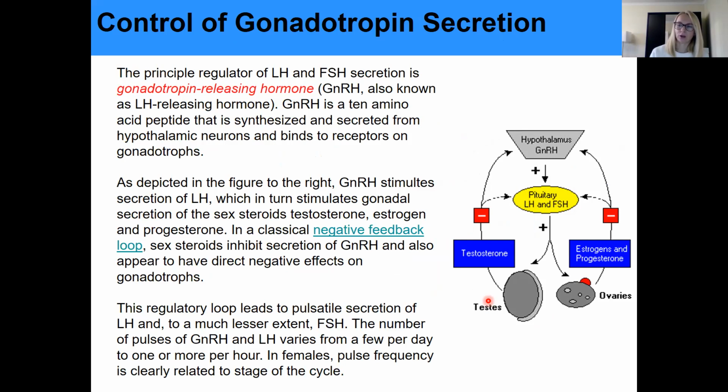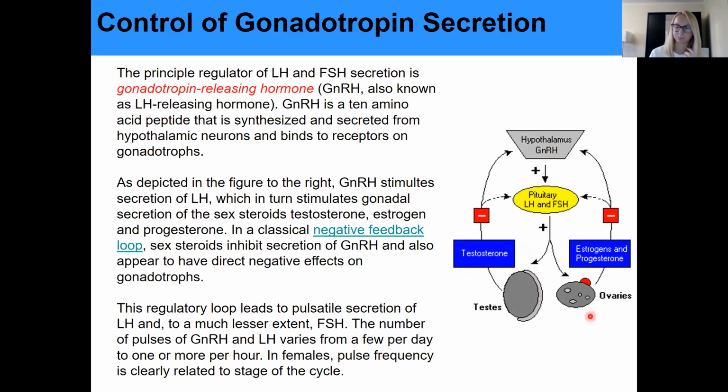Regulation of gonadotropin secretion is regulated by the help of negative feedback. So if the testes release a great amount of testosterone, it's a signal for neurons of the hypothalamus to release less gonadotropin releasing hormone, which affects the pituitary gland, which results in less synthesis of luteinizing and follicle stimulating hormone.